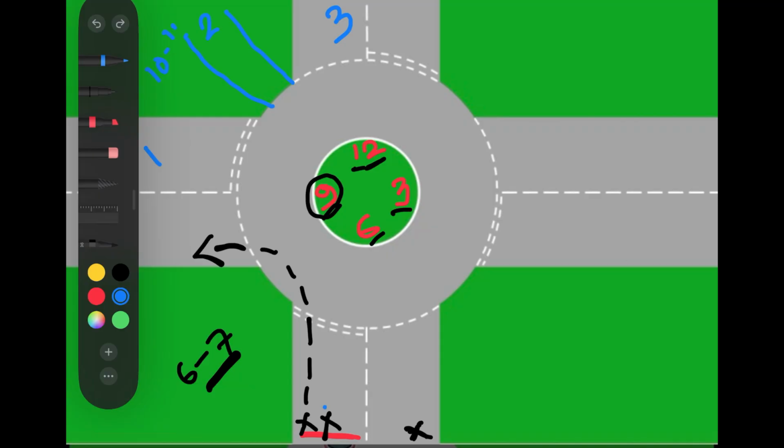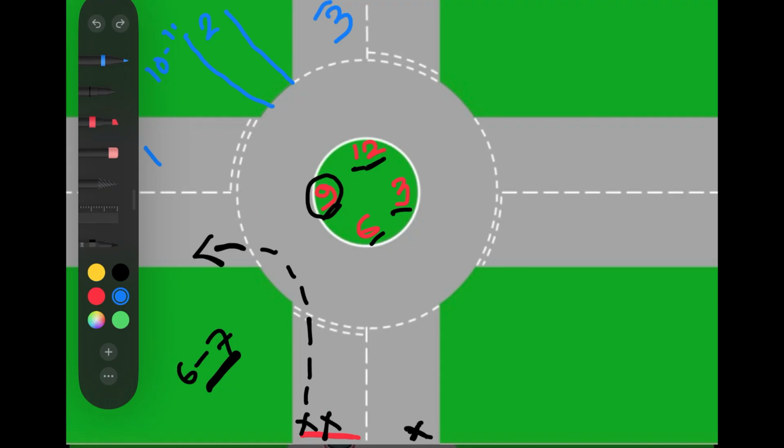So we're gonna come from here, no signaling. And when you go past this first exit, you signal left and then take the exit. Make sense?